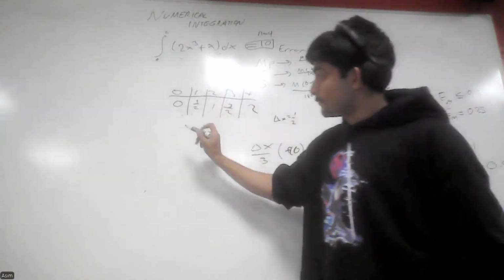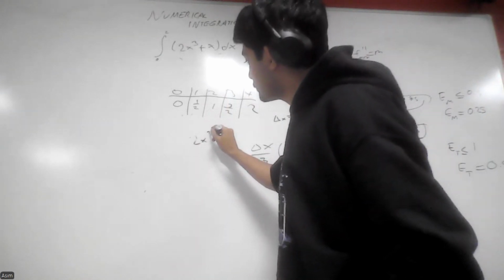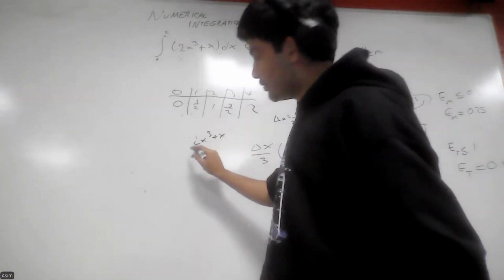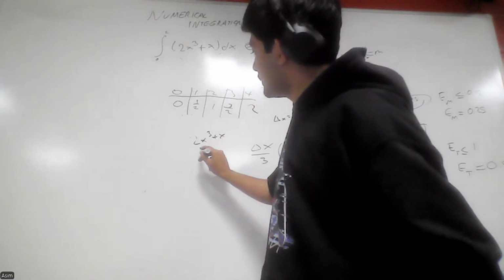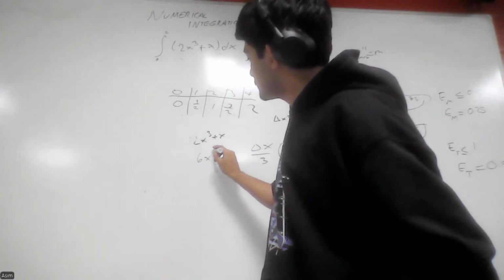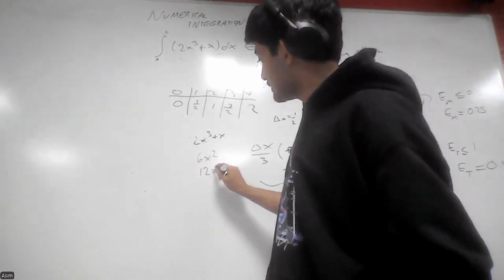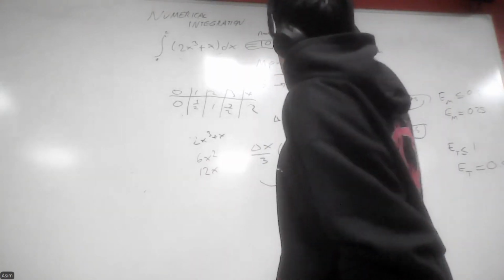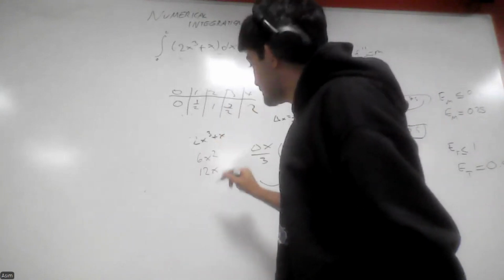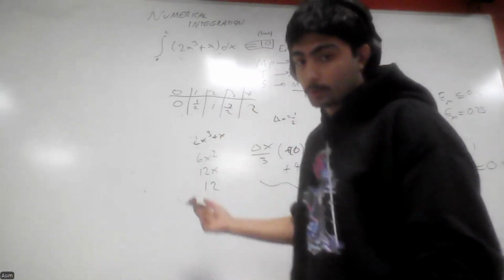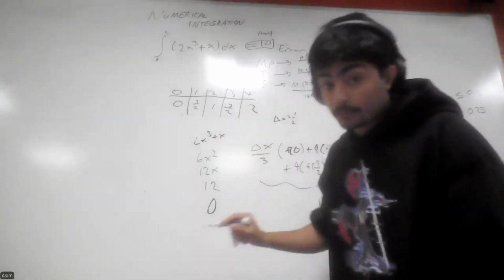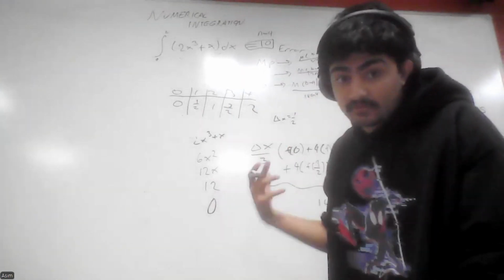So if we take the fourth derivative of the function, this is the actual function, you get 6x squared, and then you get 12x as the second derivative, which we use a lot for these functions. And then you will get 12 for the third derivative and 0 for the fourth derivative, as the constant's derivative is 0.